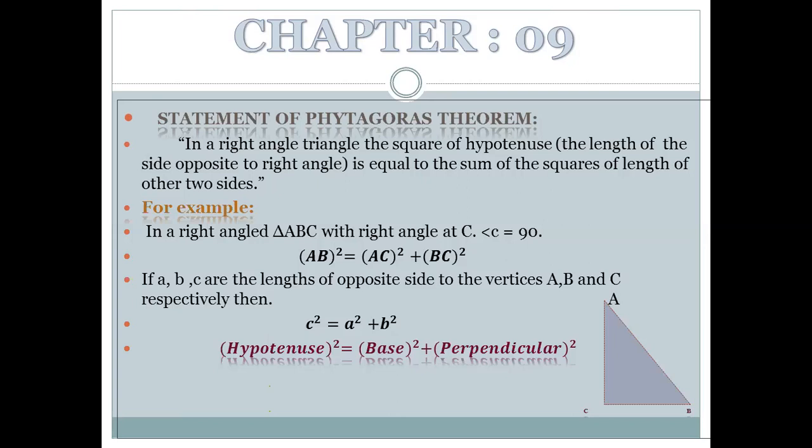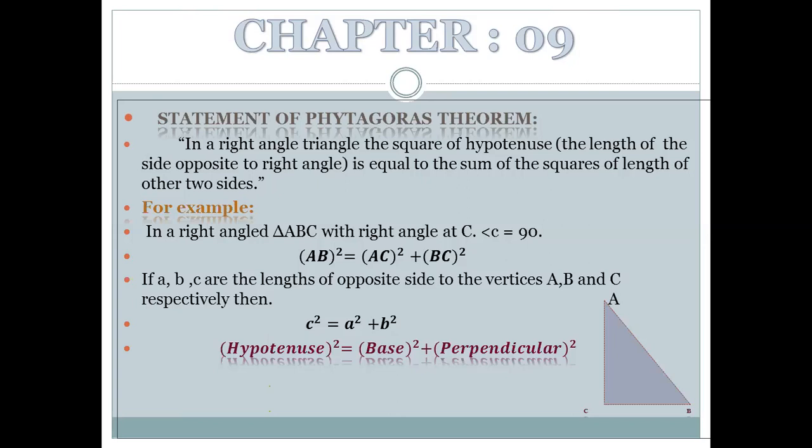So according to the diagram, small c represents the hypotenuse, a represents the base, and b represents the perpendicular or altitude. So c square is equal to a square plus b square. This is the relation between the sides of the triangle, which is called the Pythagoras theorem.